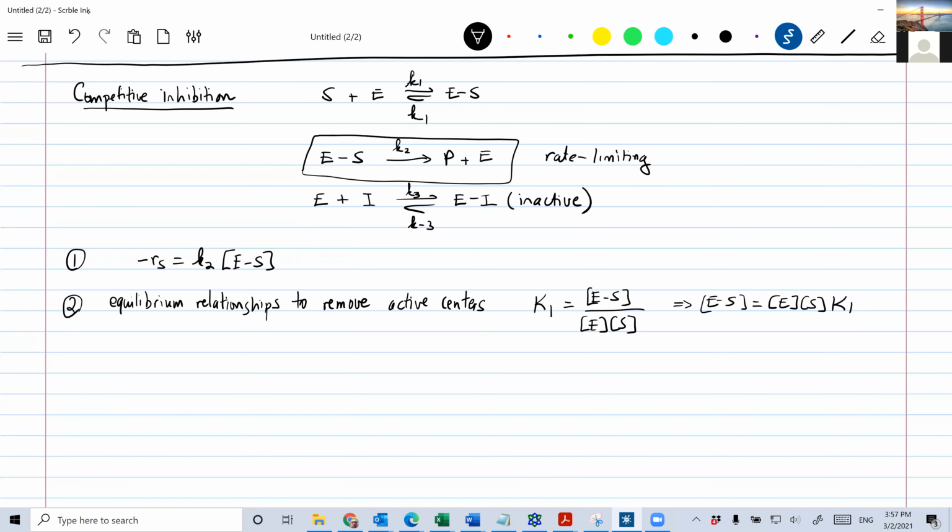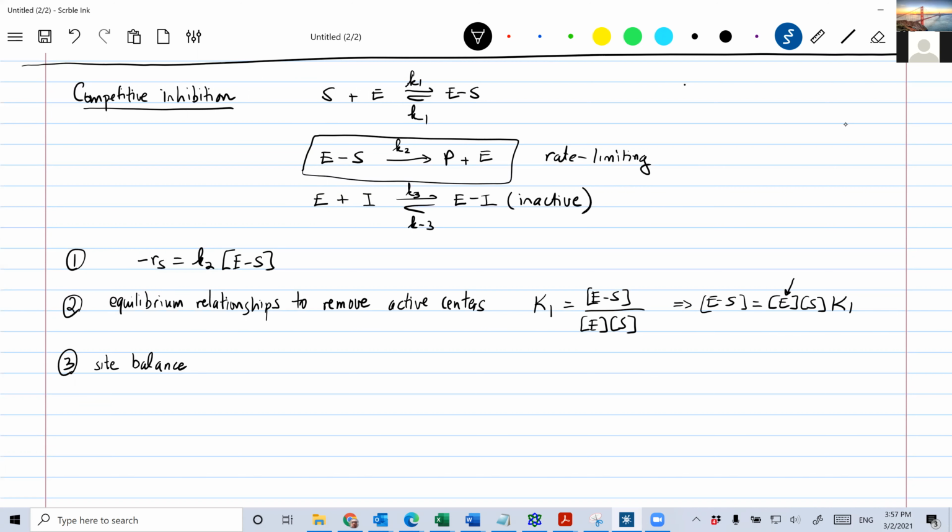The unfortunate thing is we don't know the free enzyme concentration. So for that reason, we do a site balance. That's the third step in this case. The site balance is important when you're dealing with catalyst and enzyme.